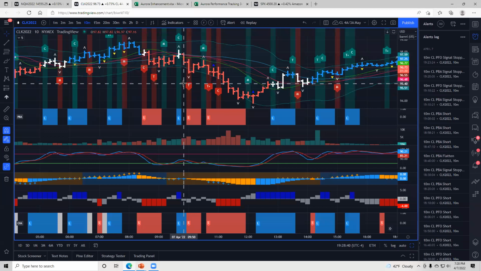What we are using 3A and 4A for is to try to identify trends, just like PB13, but 3A, 4A is filtering out some of the noise that we can have on a PB13. We're looking for strong trends, and that's what we've been identifying. We've been doing an extensive amount of research on these signals for the last few months.